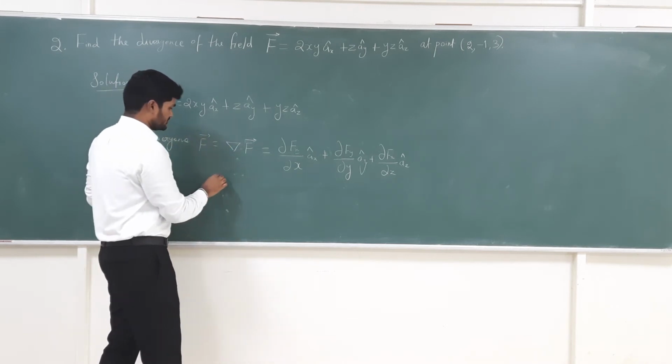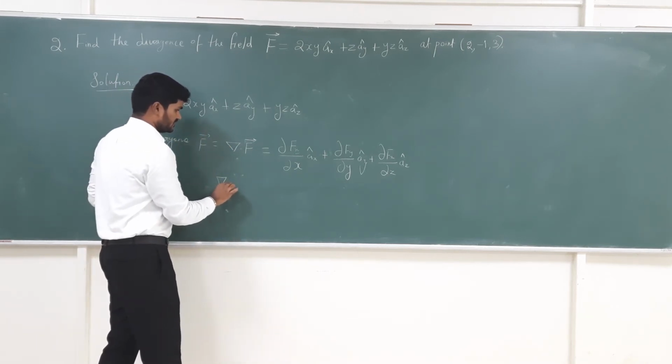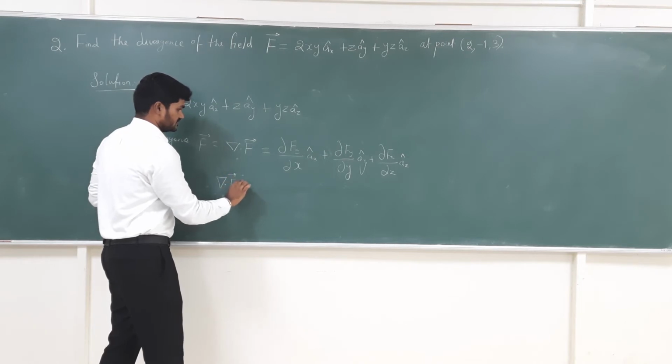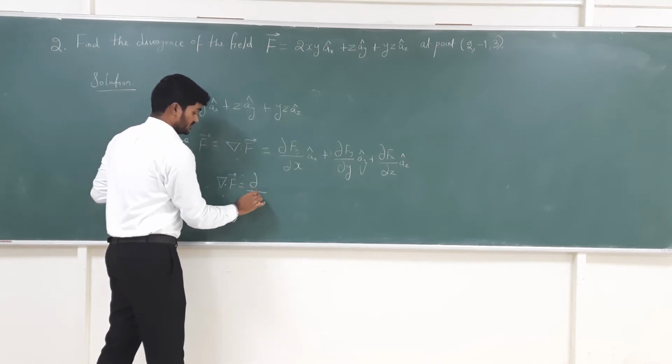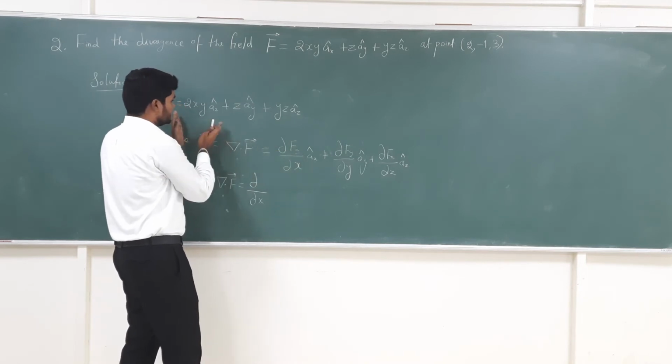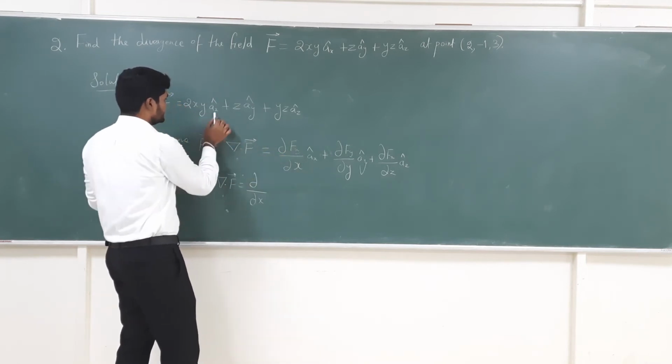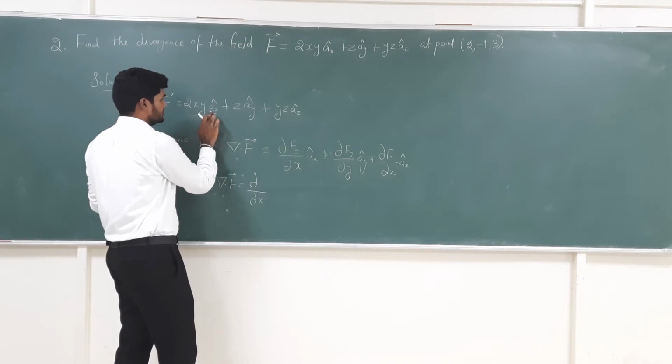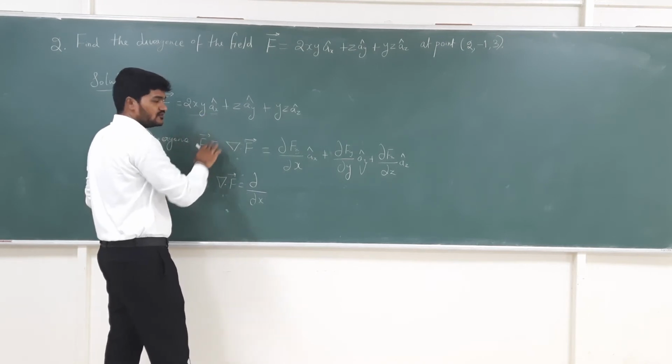So substitute the value, del dot F vector is equal to ∂/∂x of F_x. That means the magnitude value of x direction, and a_x cap is the unit vector of x direction.